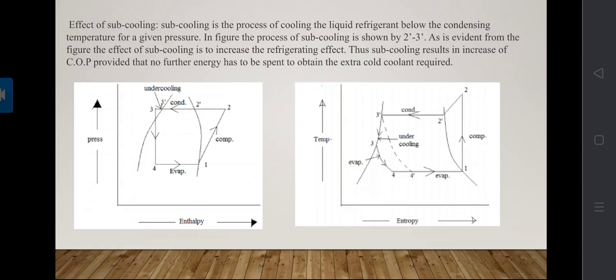So subcooling results in an increase of coefficient of performance, provided that no further energy has to be spent to obtain the extra cold coolant required. Here in the pressure-enthalpy pH diagram we can also see that after condensation there is an undercooling process, 2 dash to 3 dash, that means a subcooling process is carried out.